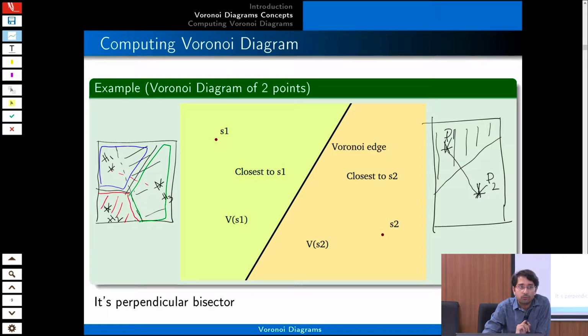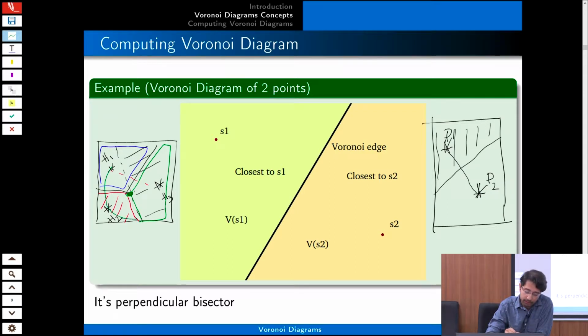So, some school level geometry. This is called a Voronoi vertex and these lines are called Voronoi edges. Any other property of this Voronoi vertex? The circumcircle of the 3 points.